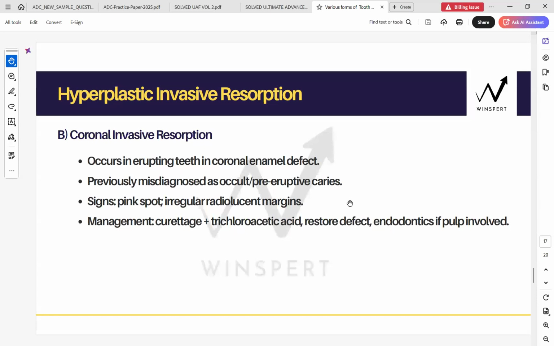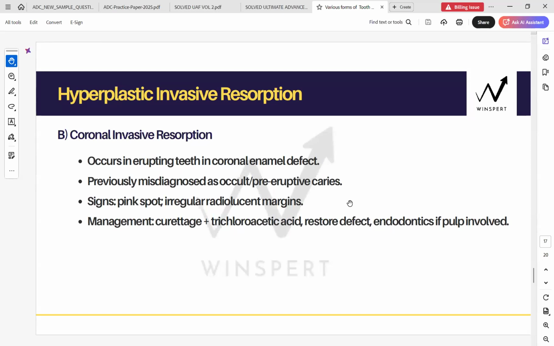Same trichloroacetic acid coagulation, curettage, restore the defect if it's within the enamel and dentine, and endodontics if the pulp is involved. Very simple, complex treatment, but simple understanding. Yes or no, please? So far, so good. Everything is crystal clear. All your resorption is like a hot knife through the butter now. Is it or is it not?